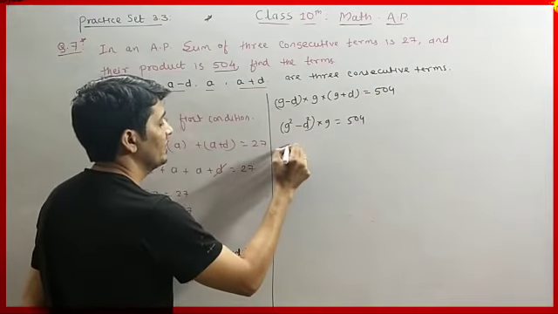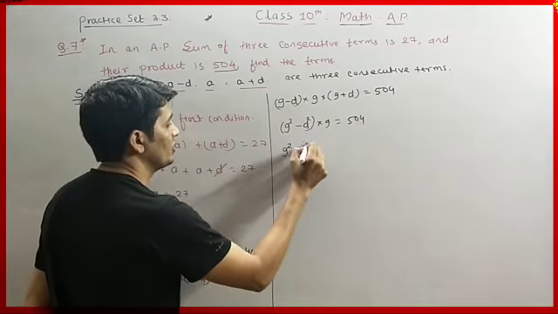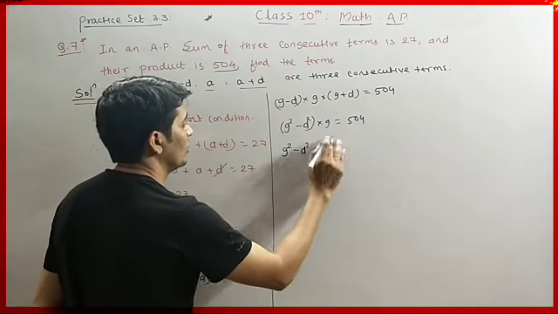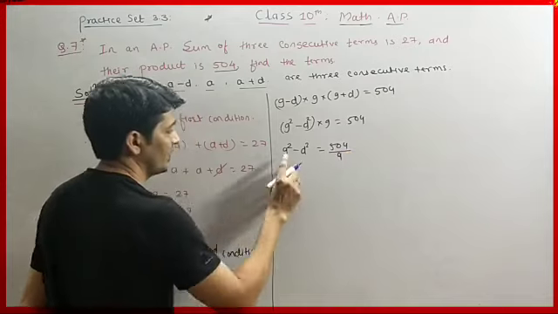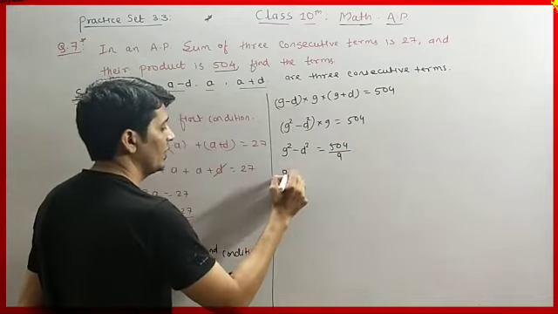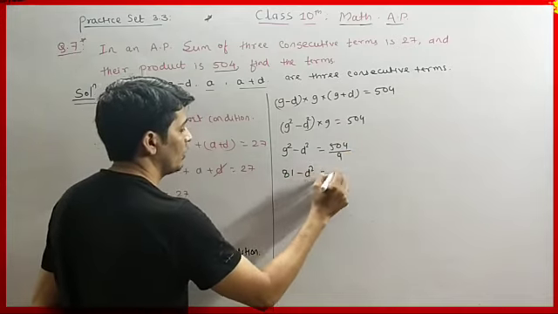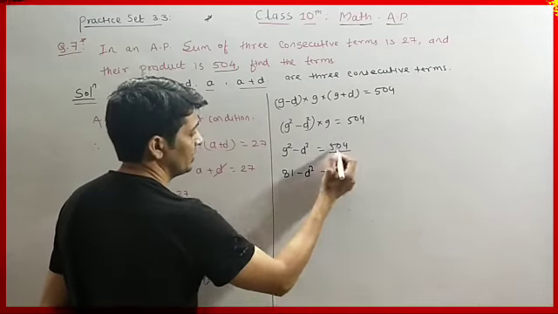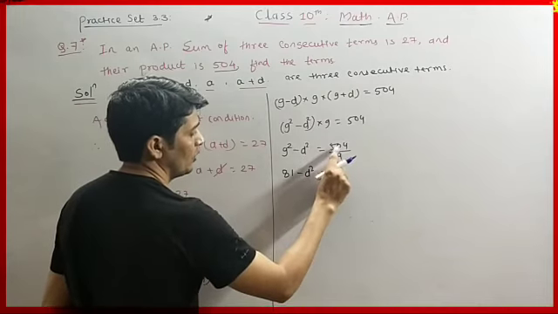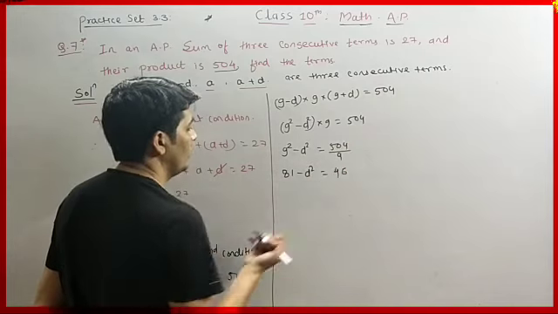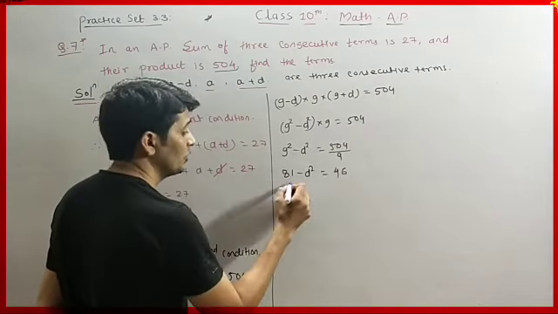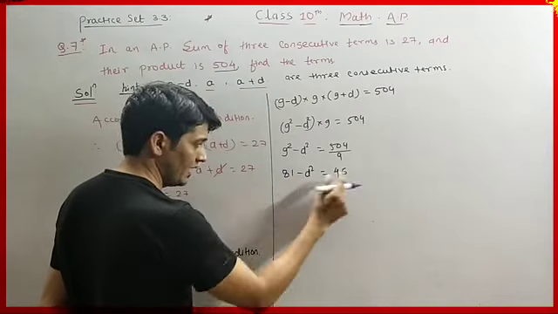So on this side we will have 9 square minus D square equals 504 divided by 9. The square of 9 is 81 minus D square equals, when we solve this, 9 times 6 is 54, and 9 times 6 are 54. So we are going to transfer 81 to the other side.